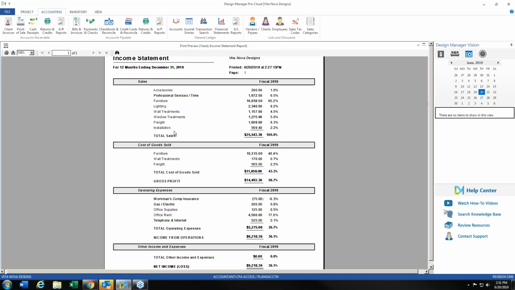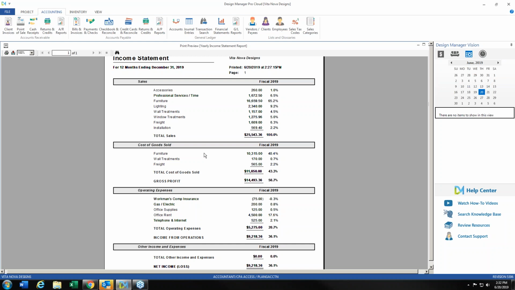You will see this is like all of the expenses that you had to pay for your vendor items, maybe your delivery and freight, anything directly related to the sale of product is going to go under the cost of goods sold section.